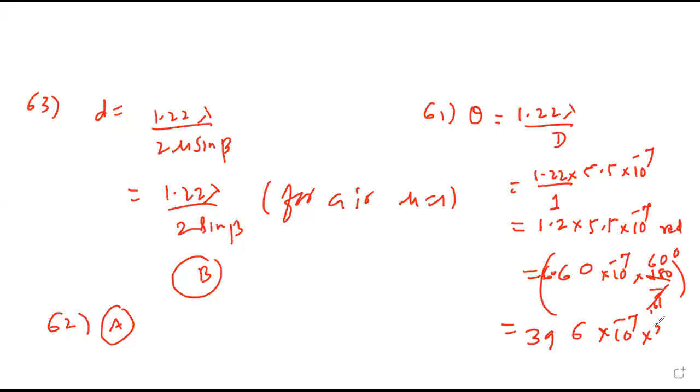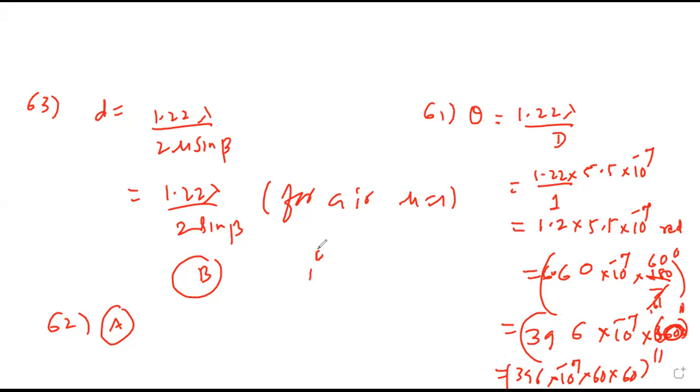Now to convert degree to minute we multiply by 60, and this becomes minute. We multiply with one more 60 to convert into second.